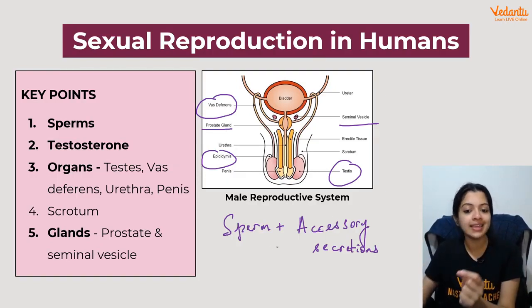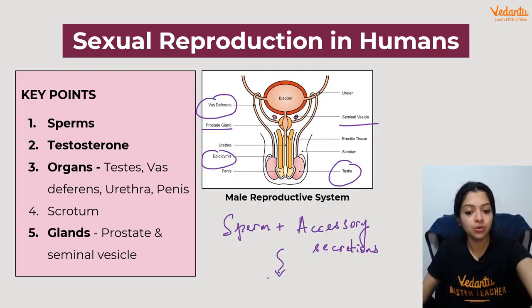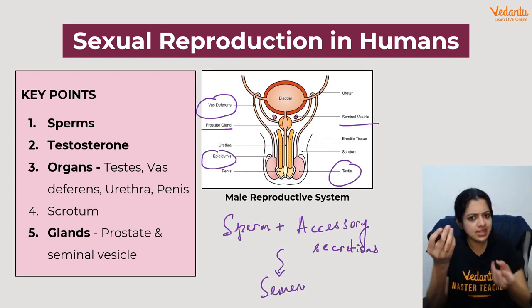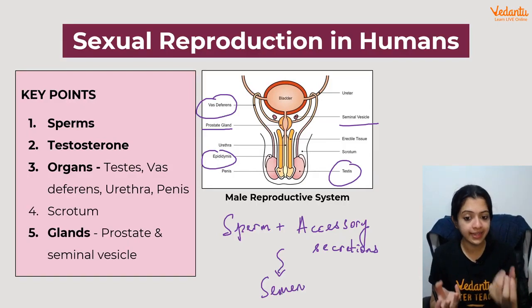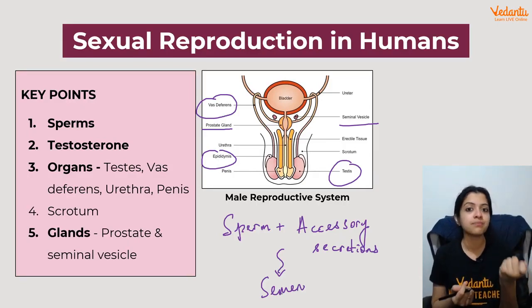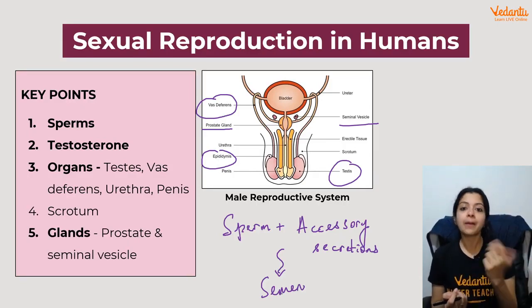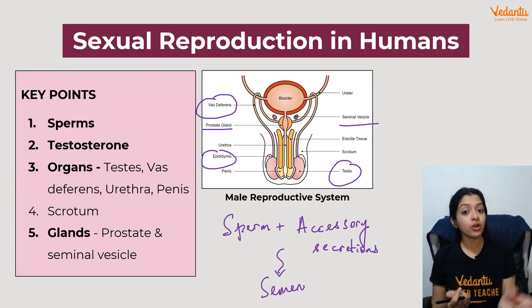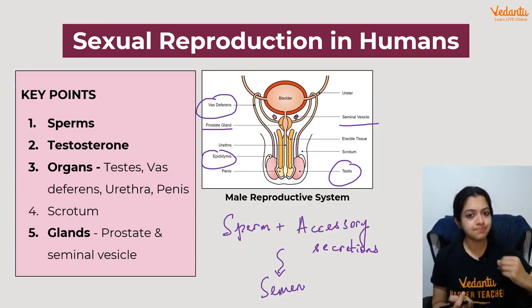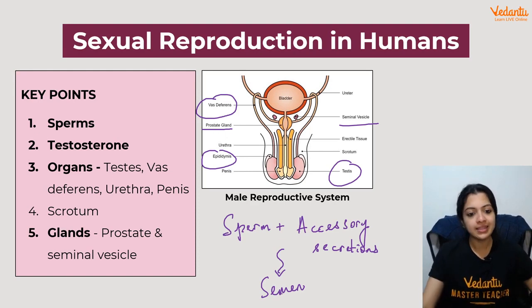So sperm and the accessory secretions together, we call it semen. And this semen, which is semi-fluid in texture, would move out of the male body through the penis, right? So semen is what contains the male gametes, sperms. All right.